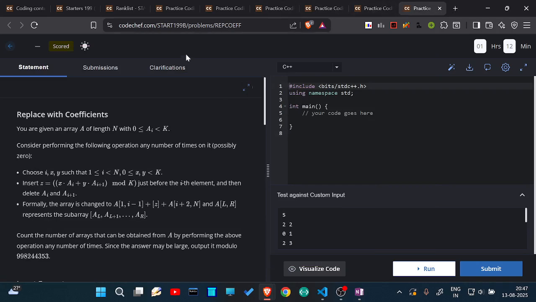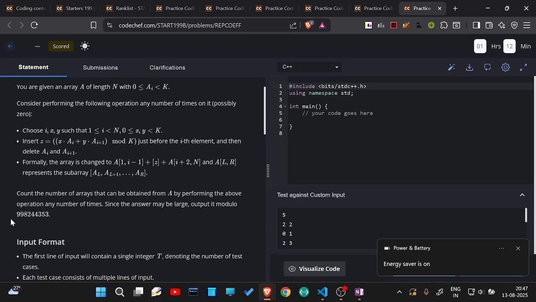You should never feel stuck. Let's go with this last one. A_i XOR A_{i+1} is equal to A_i, and then delete A_{i+1}. Count the number of arrays, K number of times.